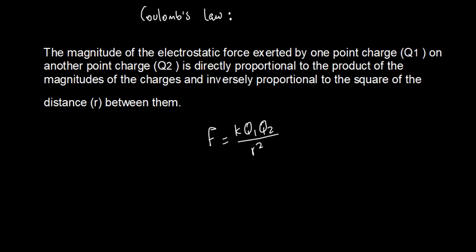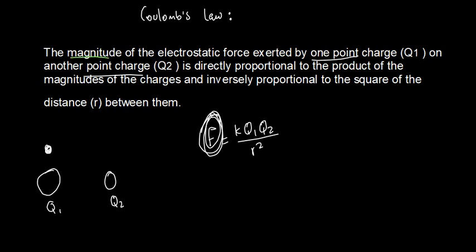This is Coulomb's law. It says this force, the magnitude of the electrostatic force exerted by one point charge Q1 on another, means you have two point charges, Q1 and Q2. We are saying the magnitude of the force of attraction between them is going to be directly proportional to the product of the magnitude of the charges.